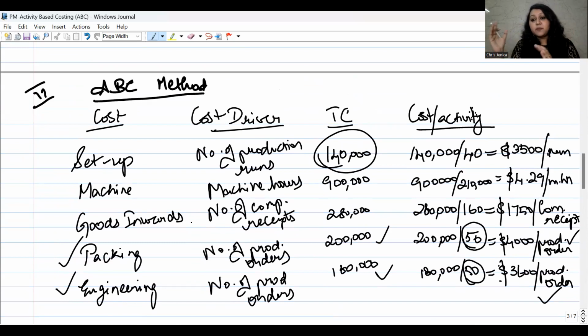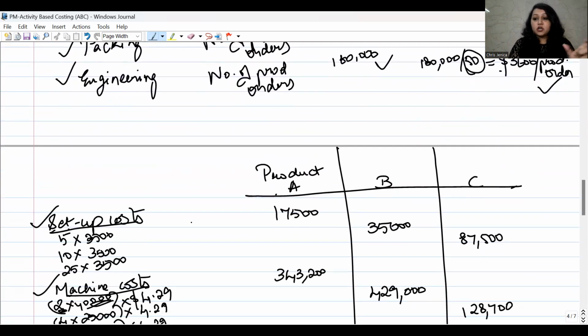Then we found out cost per activity based on the total number of runs. For absorption costing, for setup, machine, goods inwards, packing, and engineering all together, we took one overhead absorption rate and then absorbed the total cost into product A, B, and C in proportion. But here we are going to find out the overhead absorption rate based on the cost per activity, and then allocate it based on the cost driver.